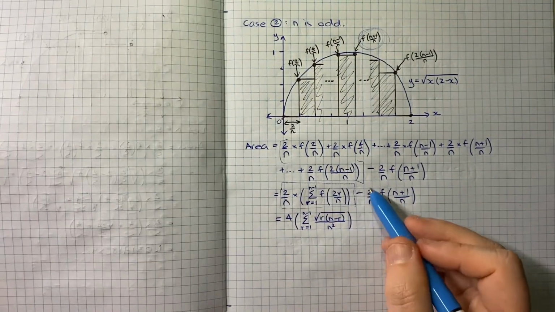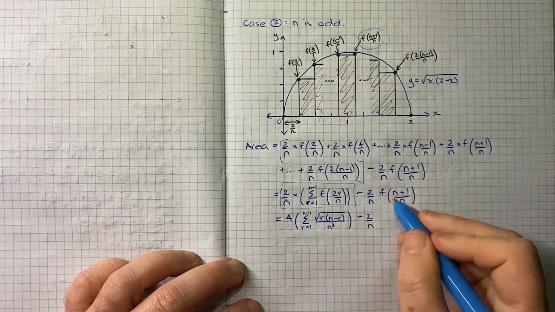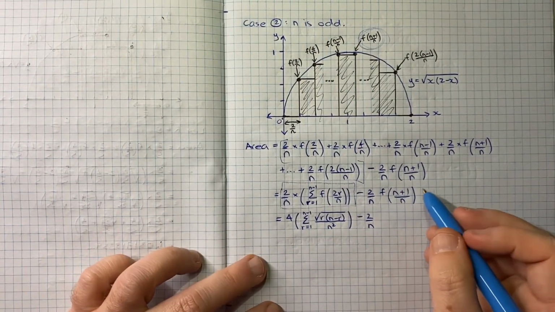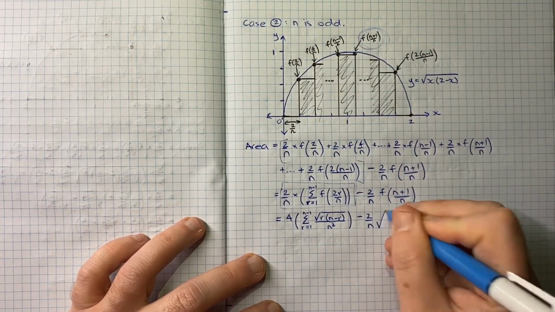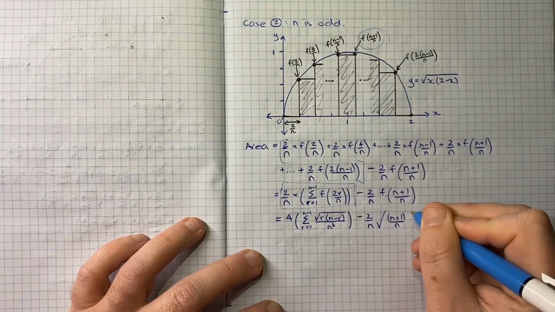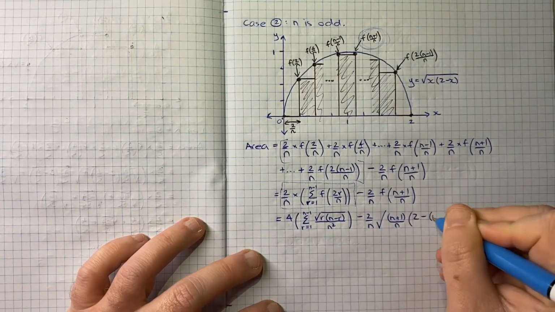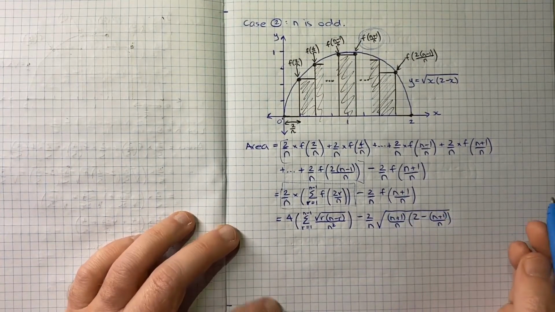And so now we just really need to think about how this minus 2 on n f of n plus 1 on n simplifies. So let's again throw n plus 1 on n into our function. So it's the square root of n plus 1 on n times 2 minus n plus 1 on n. And this might take a bit of work.